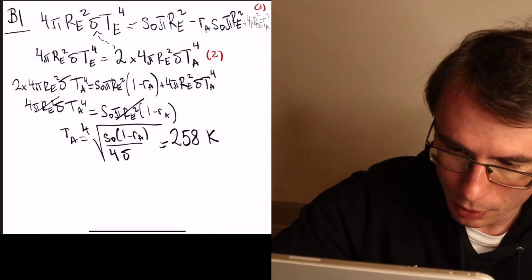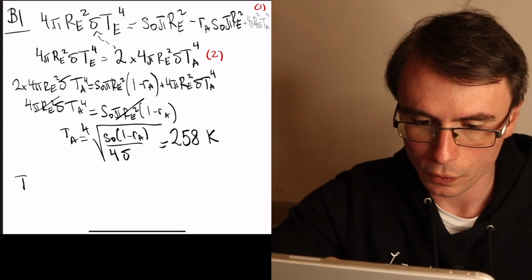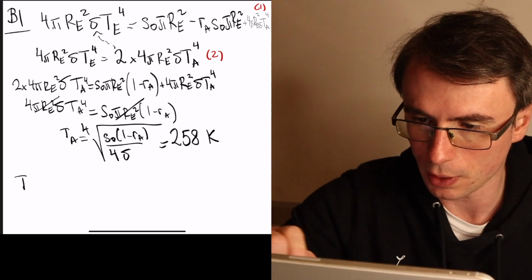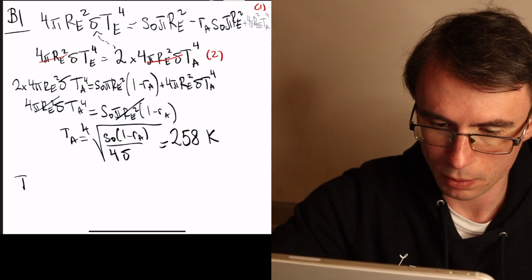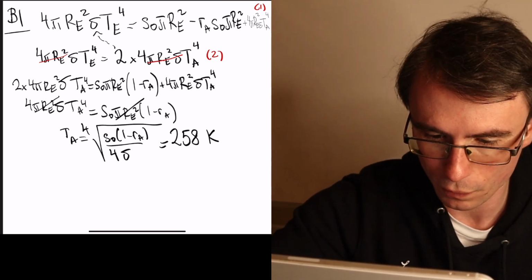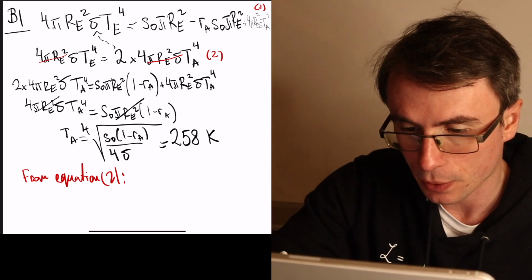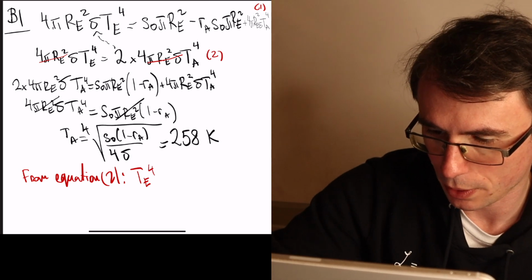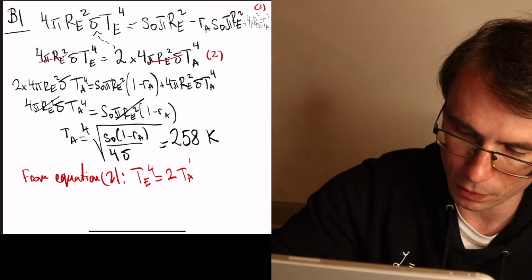So for the temperature of the Earth, I'm just going to use equation 2. From equation 2, I can essentially just get rid of this like that. So we are going to get TE to the power 4 is equal to 2 TA to the power 4.